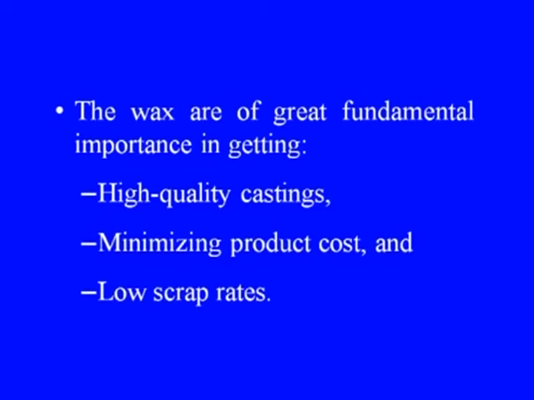The wax is of great fundamental importance in getting high quality casting, minimizing product cost and low scrap rates. Numerous factors can affect the degree to which contraction in dimension can occur, while taking into account wax pattern accuracies obtained through such patterns from the die.